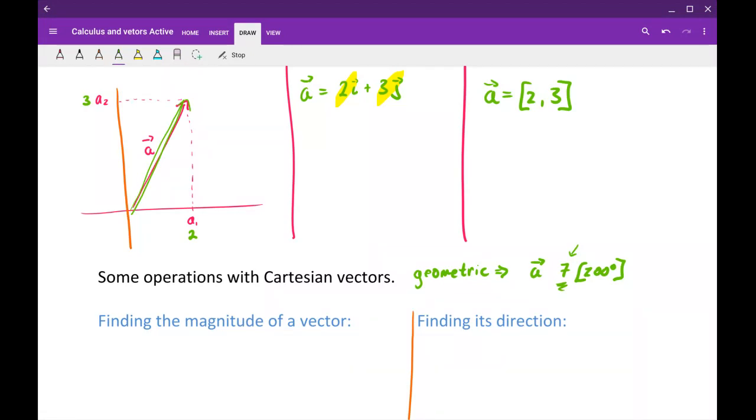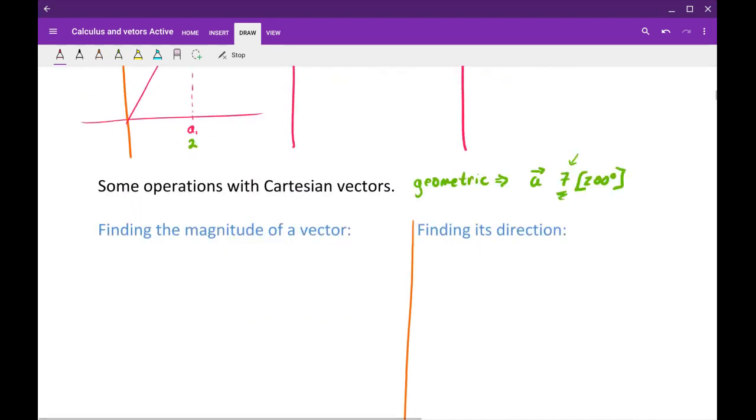Well, as it turns out, you'll notice that this is a Pythagorean sort of triangle, a right triangle. I can take this side, which is 3, and that side, which is 2, and use the Pythagorean theorem to find the length of the hypotenuse, and I've got the magnitude of my vector that way. So to find the magnitude of a vector, we're going to use the Pythagorean theorem. I'll write that down for us.